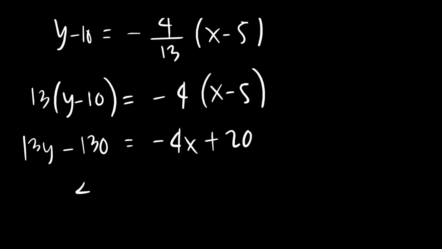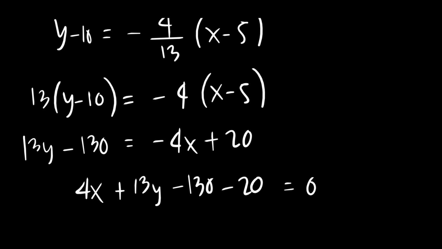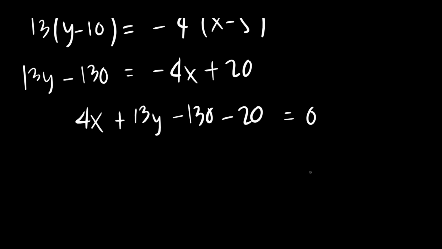So simplify. So 13y minus 130 is equal to negative 4x plus 20. So we have 4x plus 13y minus 130 minus 20 equals 0. So we have to simplify. So 4x plus 13y, negative 130 minus 20 is equal to negative 150.